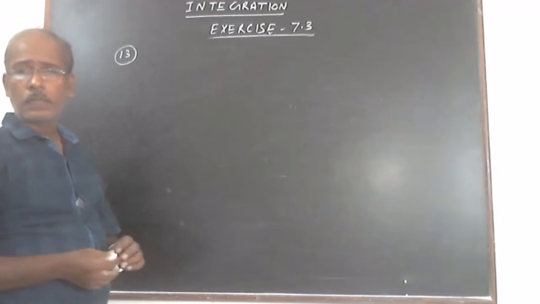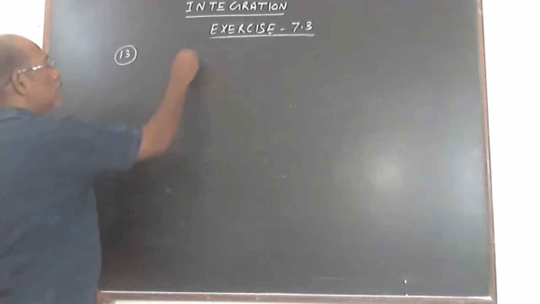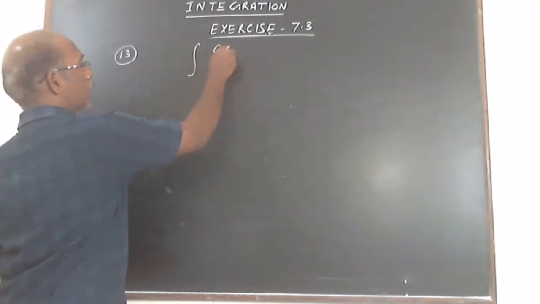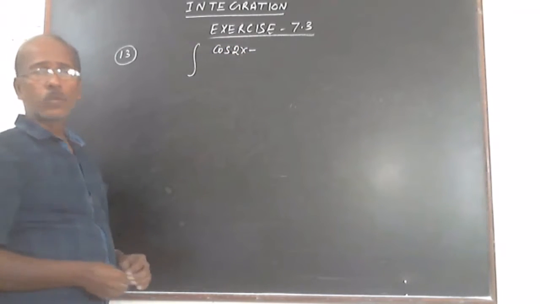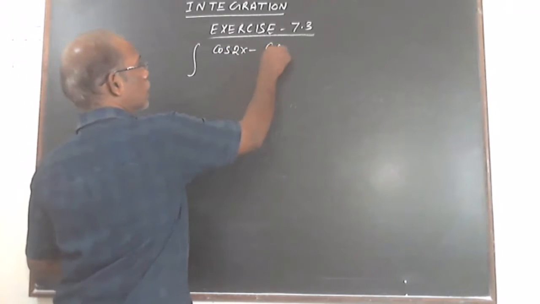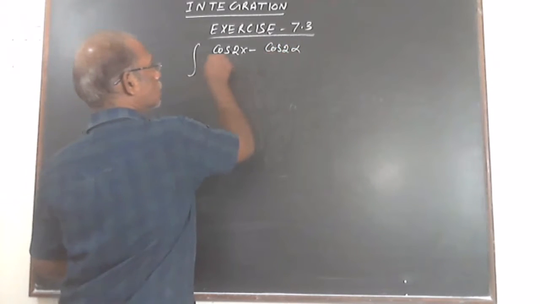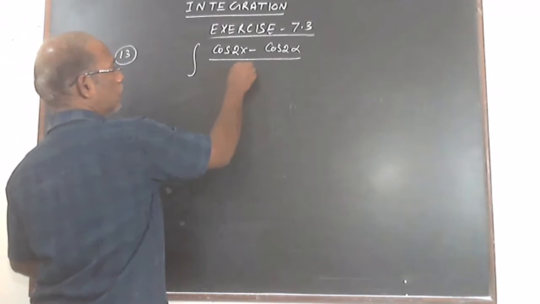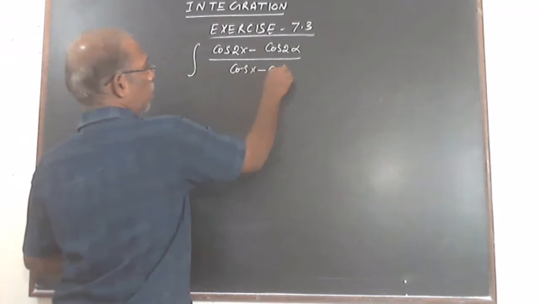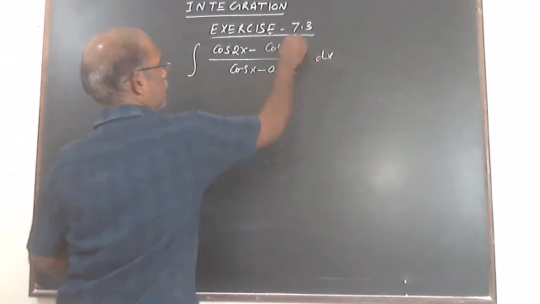Question number 13: integral of (cos 2x minus cos 2 alpha) divided by (cos x minus cos alpha). Cos alpha is a constant term.